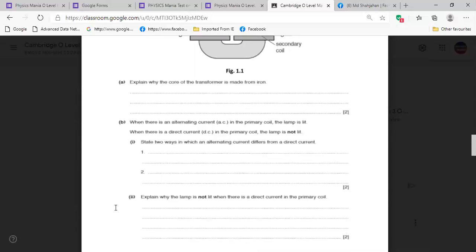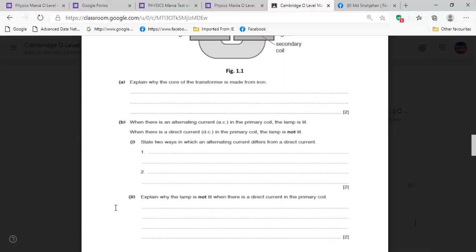Then what is the answer here? It changes from positive to negative. Yes, so alternating current changes direction, right? Alternating current also goes from positive to negative, but that positive and negative always changes direction, and direct current goes only in one direction.